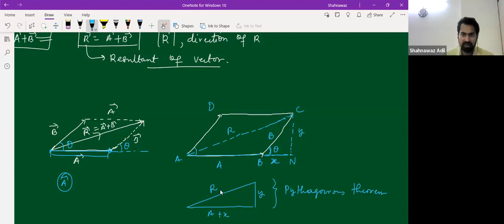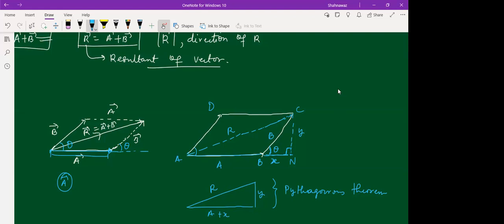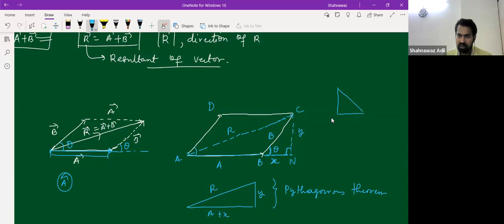Just remember the trigonometric part. This is the 90-degree angle. What is the side opposite to this 90-degree angle?